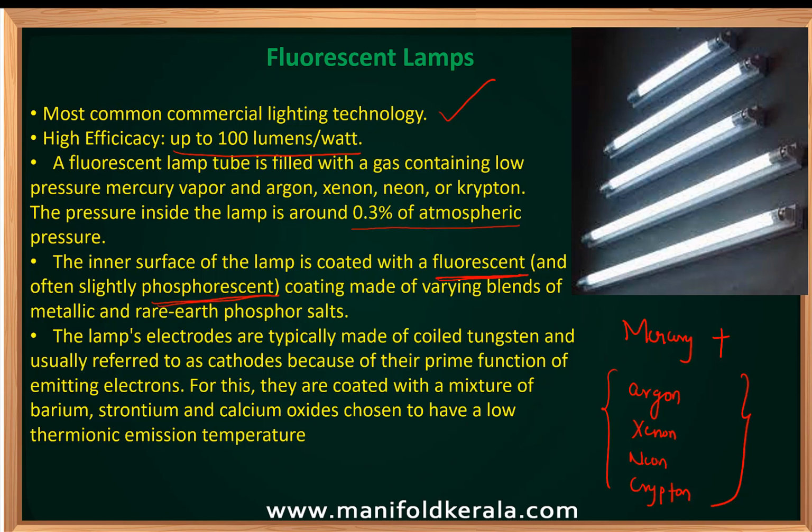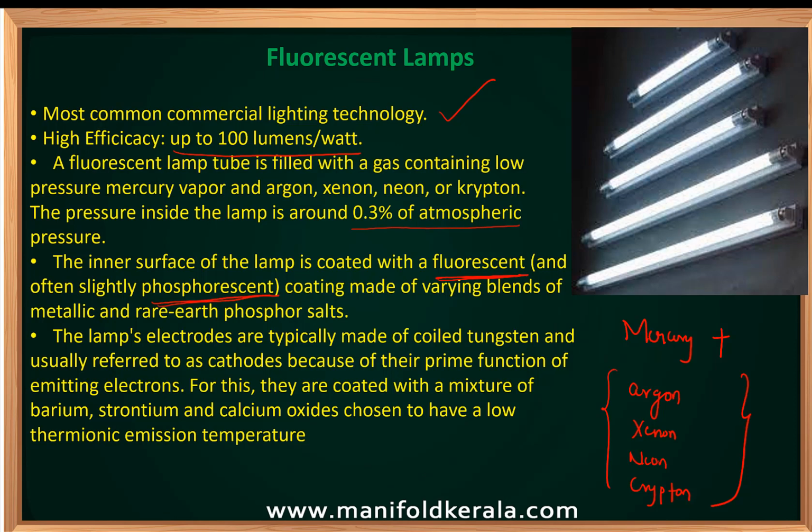This phosphorus coating on the surface of the lamp converts this ultraviolet light into white light, which can be sensed by our eyes. That is the purpose of this fluorescent coating or phosphorus coating.